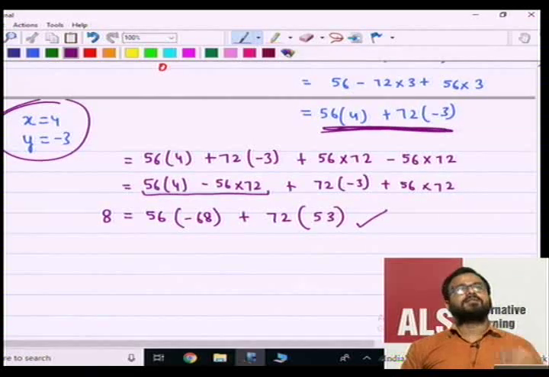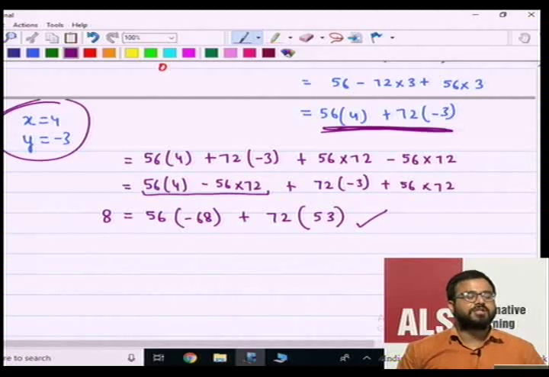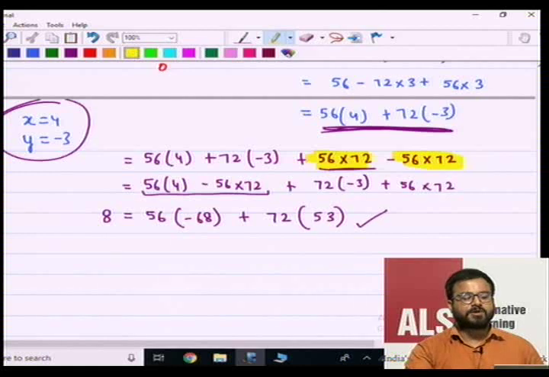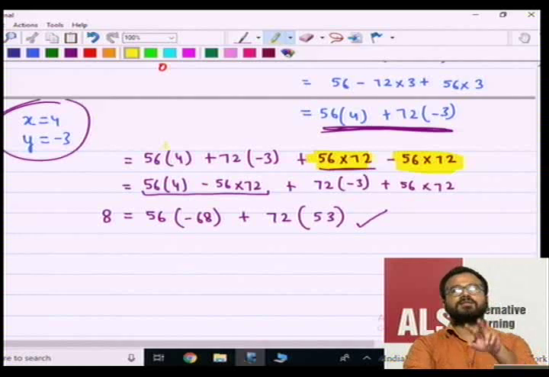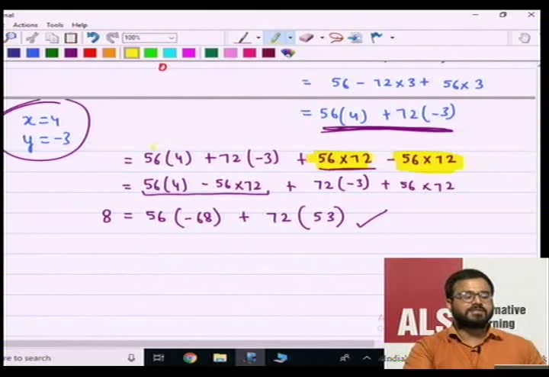Now to get another set of values of x and y, whatever were the initial numbers, in this question the initial numbers were 56 and 72. So what we will do, we will add the product of those, like over here, and subtract the product of those. Adding and subtracting the same number will not make any change in the expression, it will remain as it is. Now we have to combine these addition and subtraction with the two numbers in the starting.